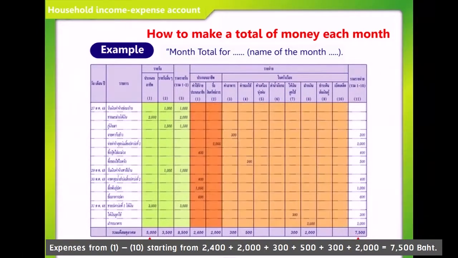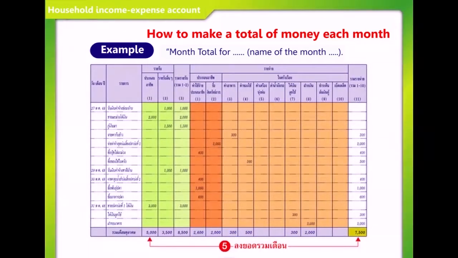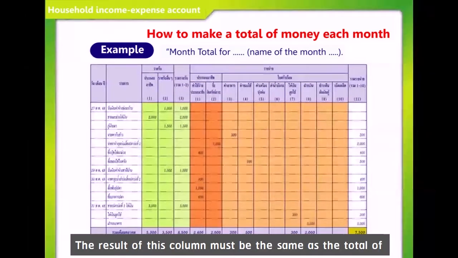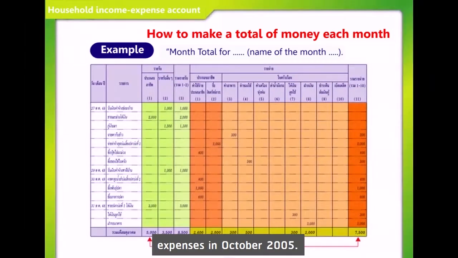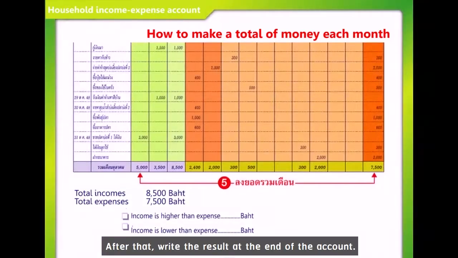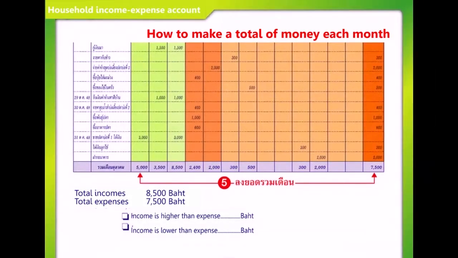Expenses from 1 to 10 starting from 2,400 plus 2,000 plus 300 plus 500 plus 300 plus 2,000 equals 7,500 baht. The result of this column must be the same as the total of expenses in October 2005. After that, write the result at the end of the account.